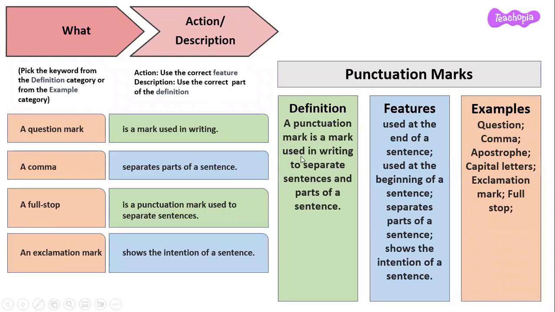So please do try and practice this at home. Create a vocabulary set using the definition, features, and examples of a topic, and try to come up with sentences where in the first block you address what you want to talk about, and in the second block you use a feature to talk about an action, or you use a part of the definition to talk about a quality.